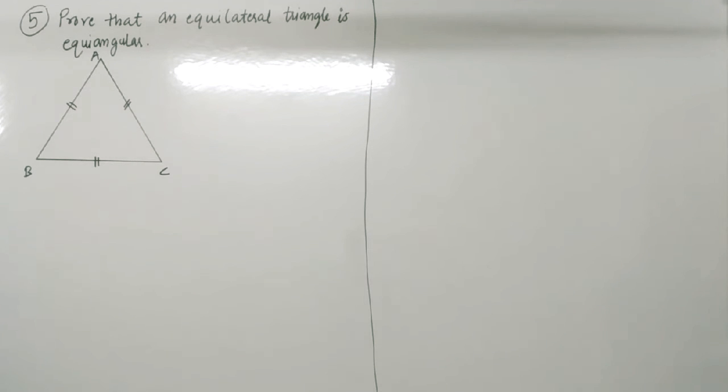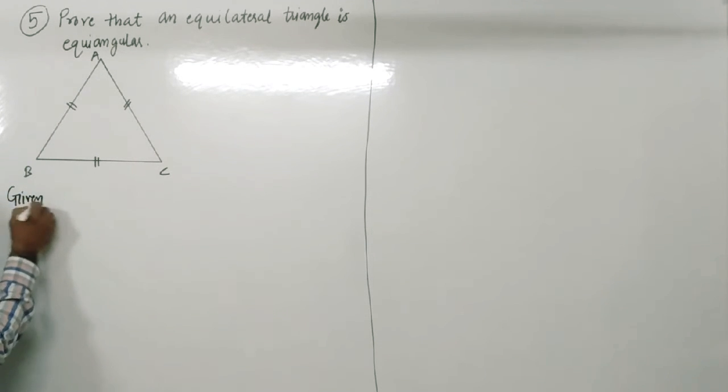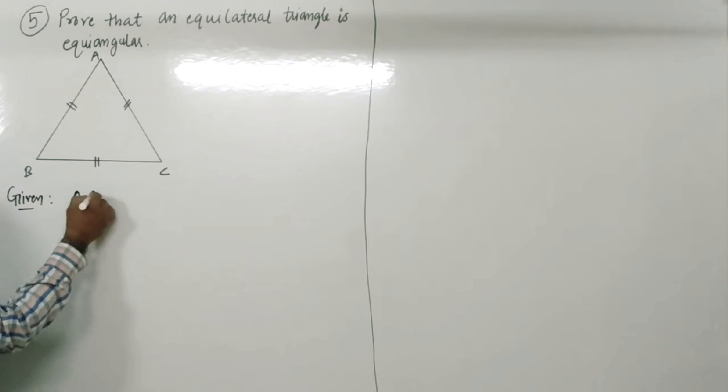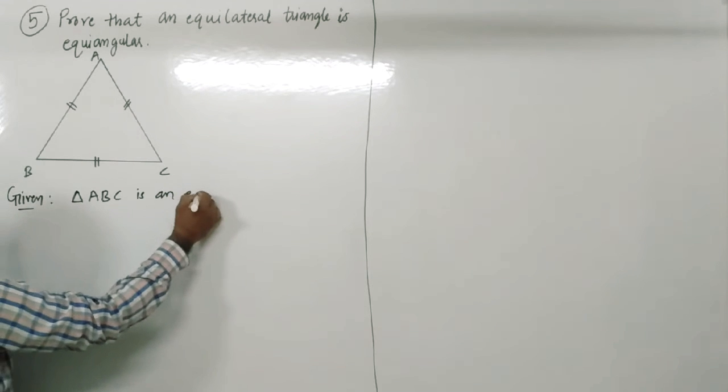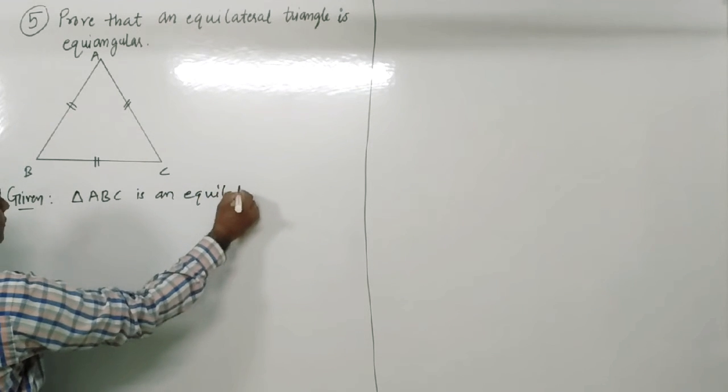Fifth example: prove that an equilateral triangle is equiangular. Now let us consider what is given. Given: triangle ABC is an equilateral triangle.